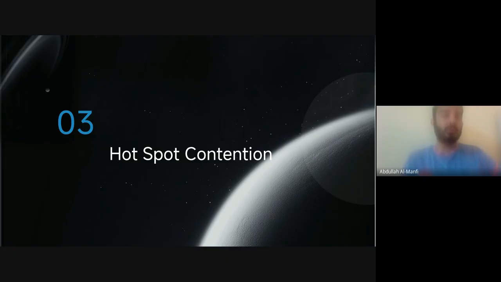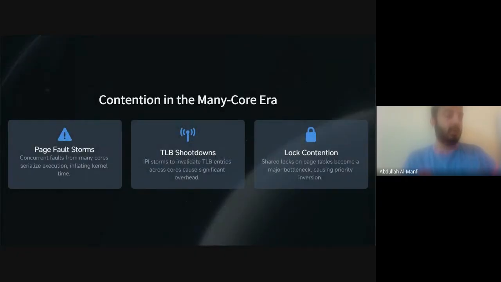Hotspot contention. Contention in many-core systems: we have page fault storms, TLB shootdowns, lock contention, and rising latency. Contention is another major issue when many cores fault on a page at the same time.